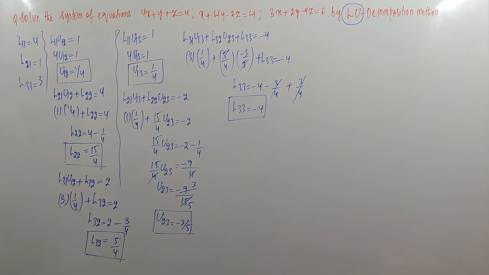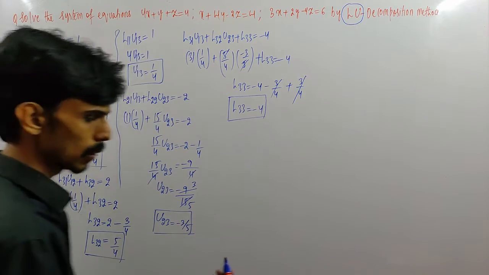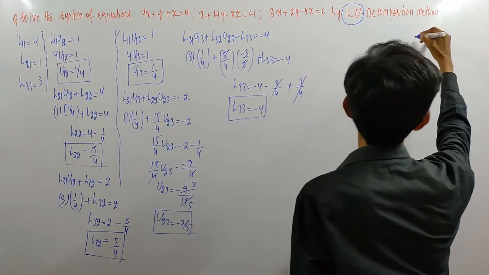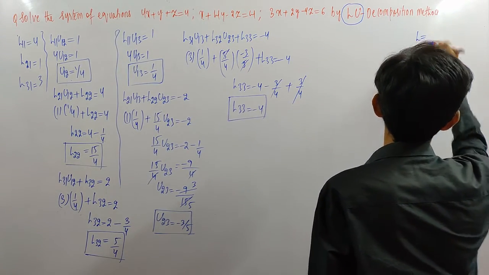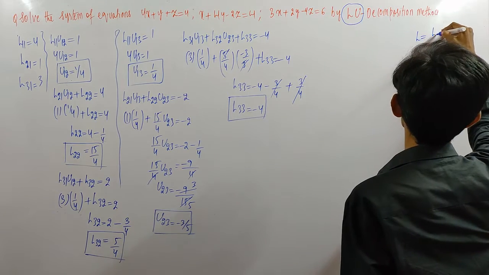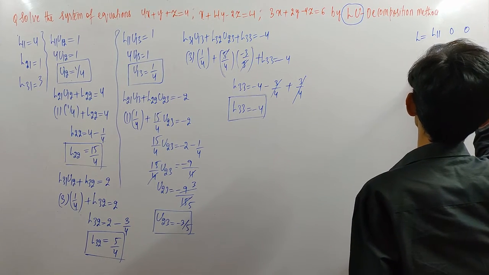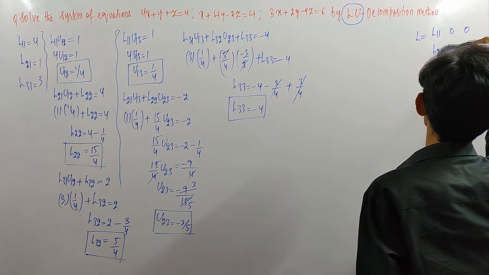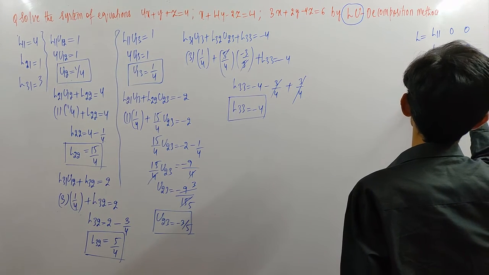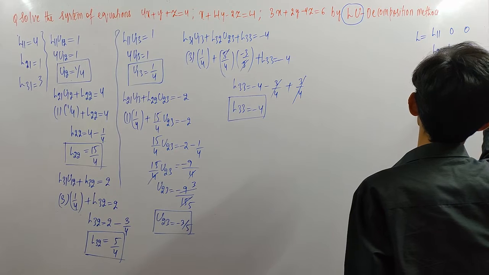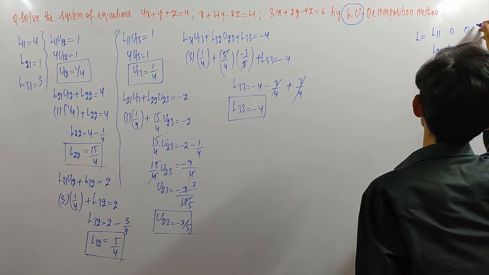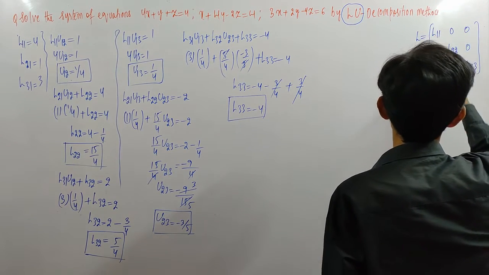Now let us write down these values in a matrix. We have L matrix, that is L11 0 0, L21 L22 0, L31 L32 L33. This is lower triangular matrix.